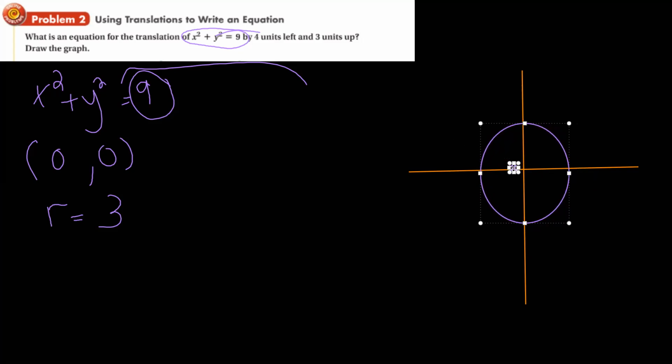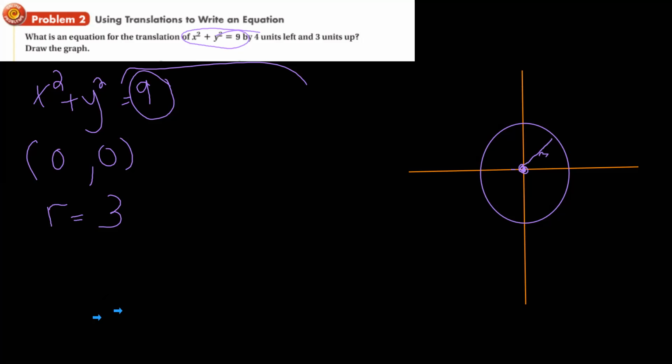Please imagine that this is a circle, not an ellipse. Okay, so look at this circle here. In this circle, as you see, we have a center at the origin, and it has a radius r, which is 3.